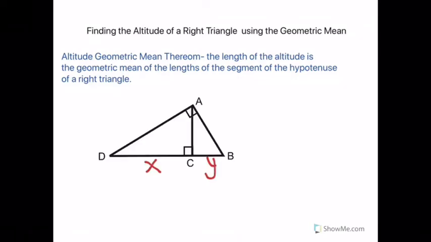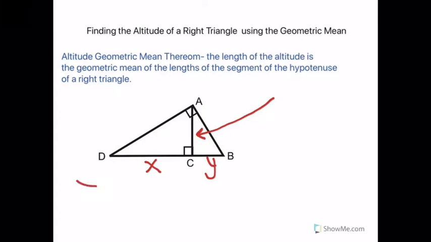What this theorem is saying is that the altitude of this right triangle, this right here, is drawn straight down to the hypotenuse side of my right triangle. The length of this altitude can be found by finding the geometric mean of the lengths of the segments of the hypotenuse.